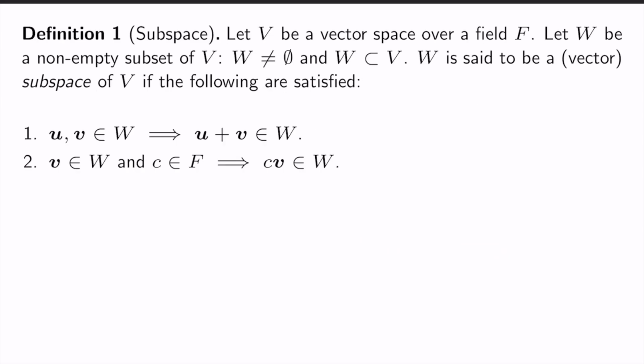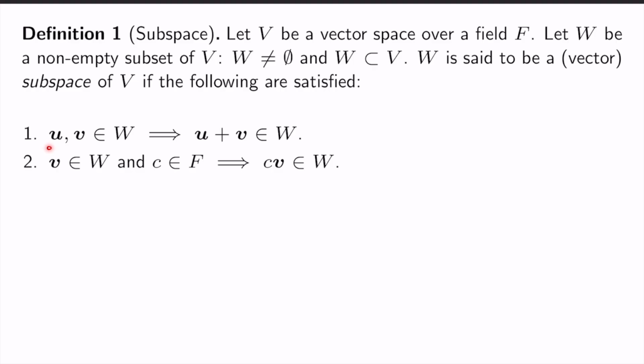So here's the definition. Let V be a vector space over a field F, and let W be a non-empty subset of V. So W is non-empty and W is a subset of V. Then W is said to be a vector subspace, or simply a subspace of V, if these two conditions are satisfied.